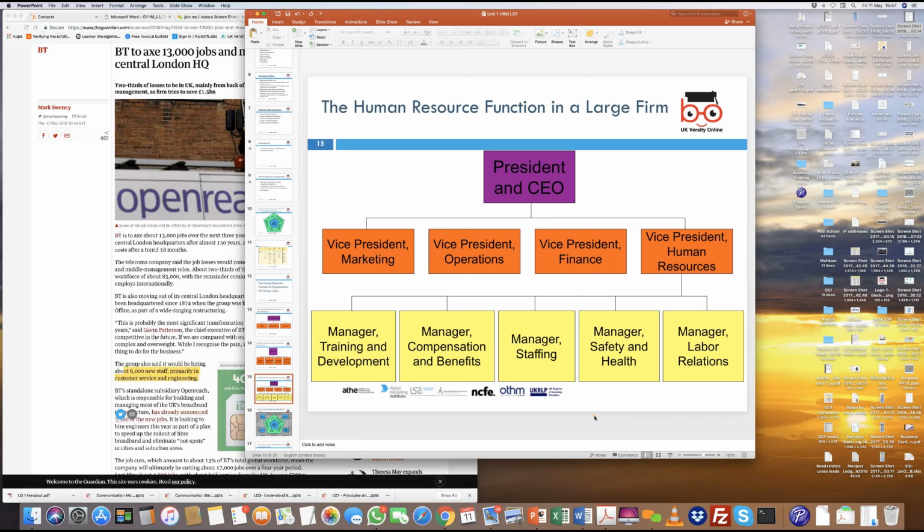In that department, you have individual people working and managing individual functions of HR, not just one manager for safety, recruitment, selection, training, and development. You have individual managers within the HR function managing individual functions.